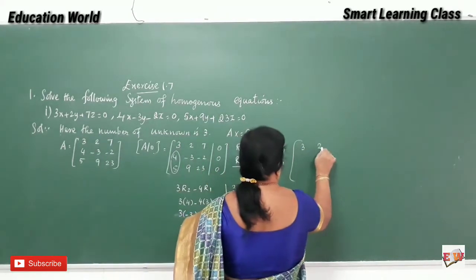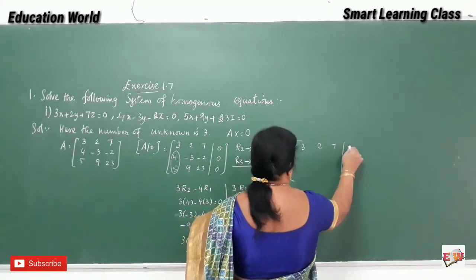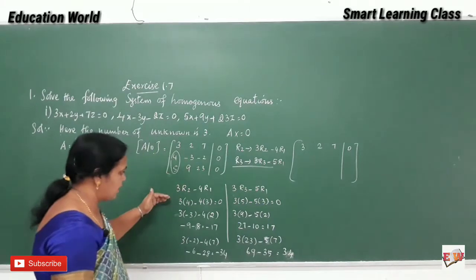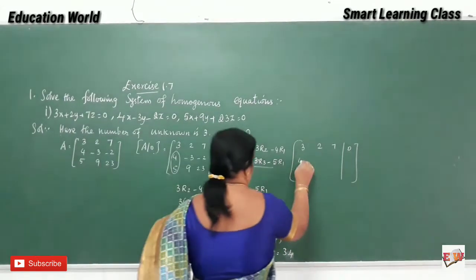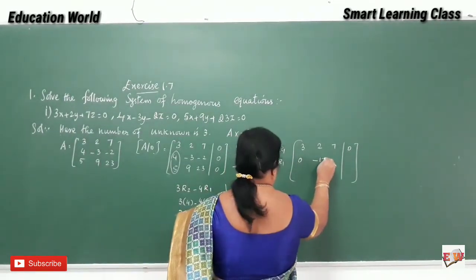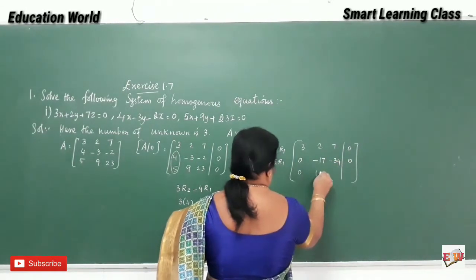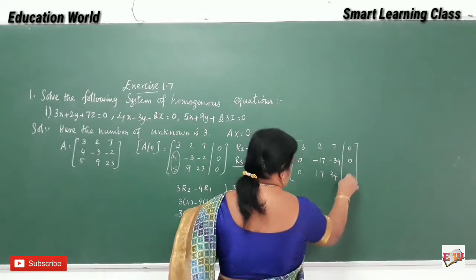What are we getting? We write the first row as it is. The second row is already transformed: 0, minus 17, minus 34, 0. The third row: 0, 17, 34, 0.